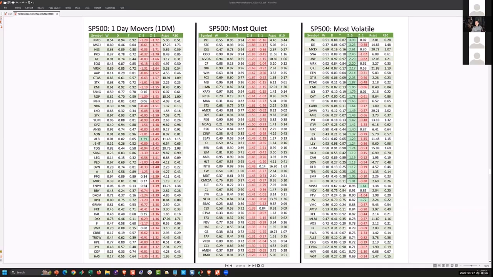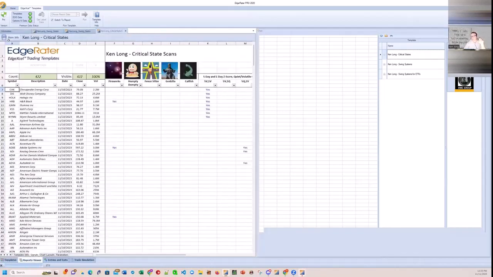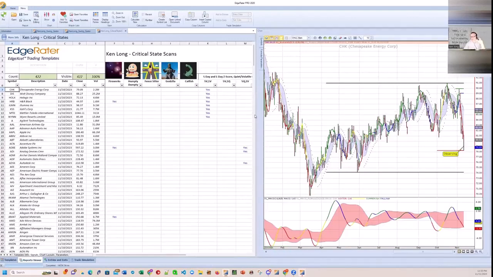Using those same standard framing data, we can find strategies for which symbols have moved the greatest number of standard deviations on the 1 day, which ones are the most quiet, which ones are the most volatile on the 5 day. Now it's looking at the S&P 500, and it's checking for the 5 different sniper critical states that we've set the parameters for.